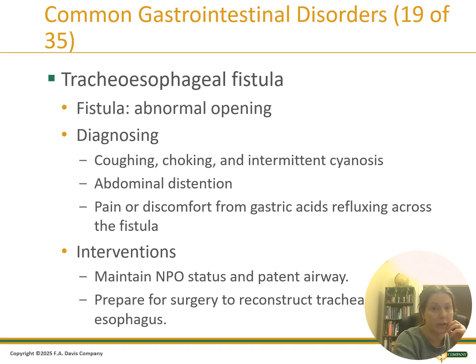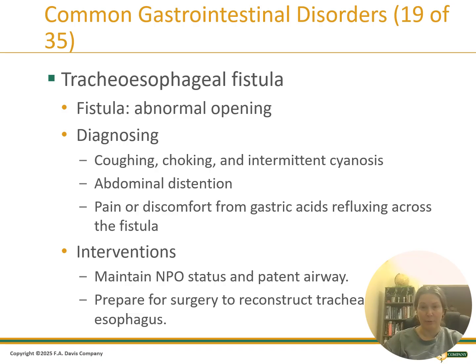So a tracheoesophageal fistula is going to be an abnormal opening. In diagnosing this, we're going to be looking for choking, coughing, intermittent cyanosis, abdominal distension from the air entering through the trachea into the stomach, and respiratory irritation from gastric contents.